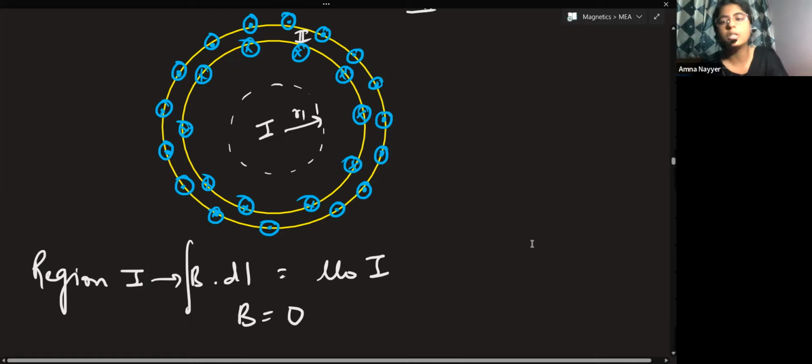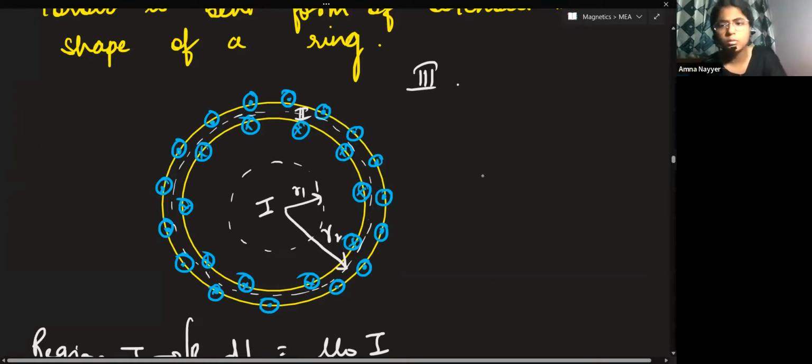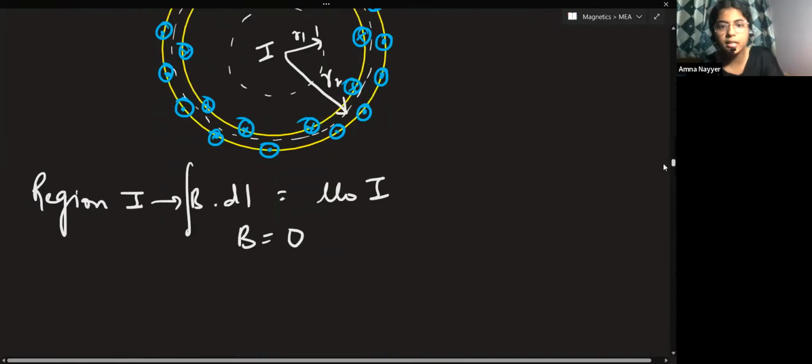Now let's talk about the second region, region 2. I have to choose an Amperian loop. Let's say this is R2. Here the magnetic field lines are definitely getting enclosed.